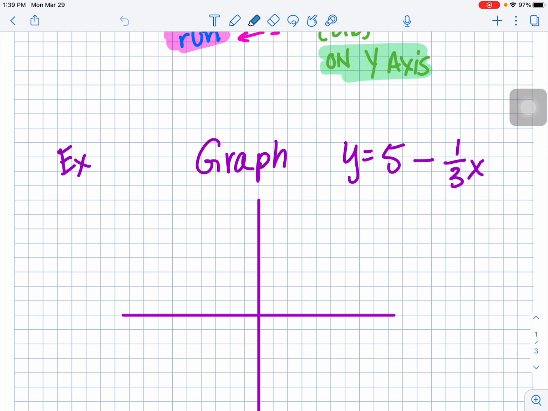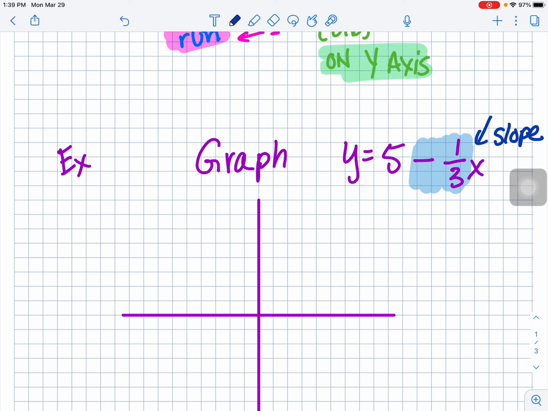Slope is the number with x. 5 does not have an x, it's a plain number. But negative 1/3 does have an x, so that is my slope. And lucky for me, it's already a fraction. So the slope is negative 1/3.